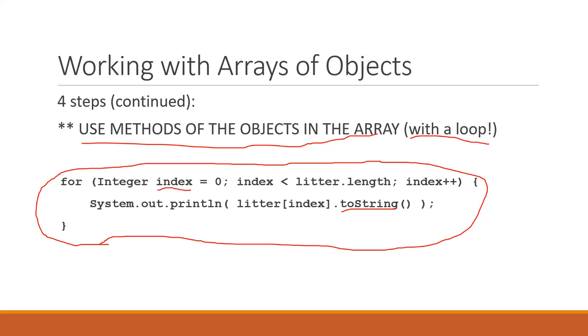Now I've used index here instead of x, so that's why I have index inside the square brackets. So I'm printing the toString method for the element in position index of the litter array, and System.out.println puts that in the Java console. Okay, and because index starts at 0, goes up by 1, and I keep going as long as I'm less than the length of the array, I'm going to do it for every element of the array.